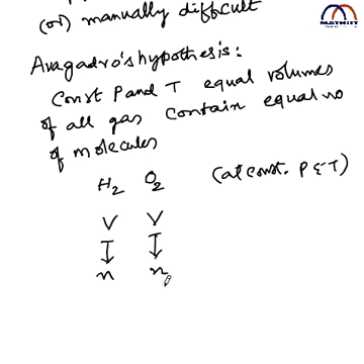When both of them contain the equal number of molecules, their mass ratio will be equal to 1:16. Or else you take the weights of the equal volumes of hydrogen and oxygen, that is also 1:16 only.